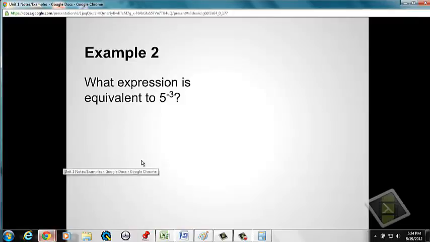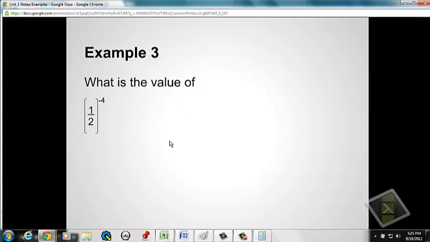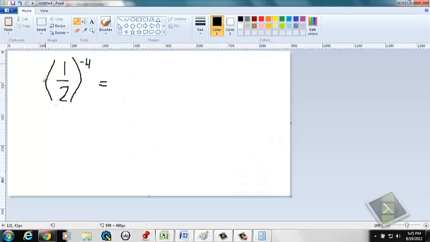Now, so we flip back here, go to example number 3, another one with negative exponents, but we have a fraction. This is the value of 1/2 raised to the negative 4th power. Alright, here we go. Beautiful parentheses, I know. 1/2 to the negative 4th. Same thing as before. You've got to get rid of the negative exponents. You have to flip this fraction.